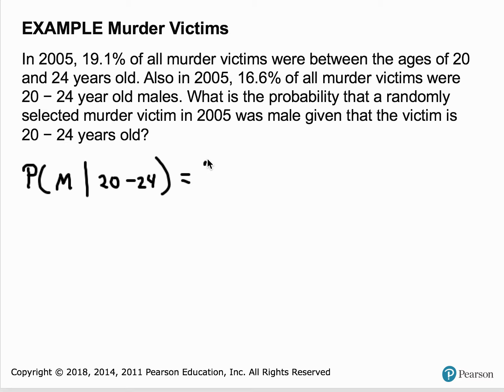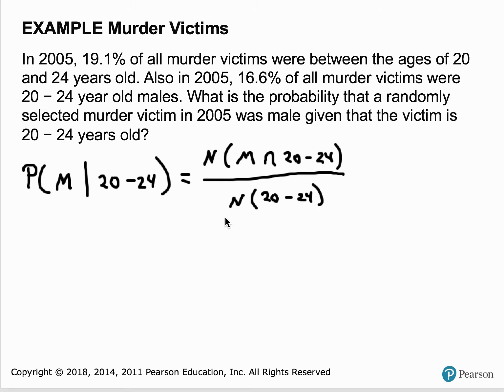So we need the number that's male and 20 to 24 years old divided by the number that's 20 to 24 years old. Okay, so male and 20 to 24 years old.